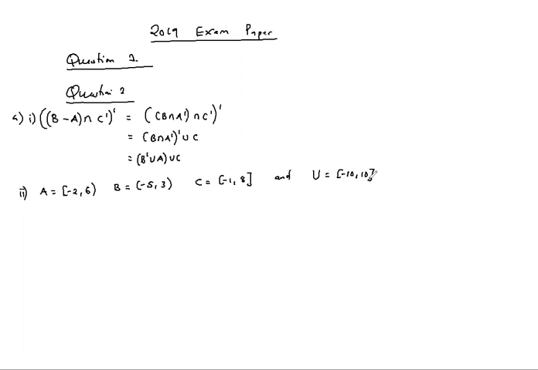Now you are seeing this. Okay, so first again, we take the complement inside. So it will be B intersection C complement.